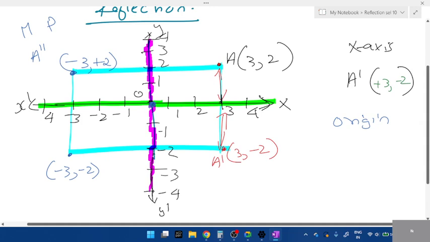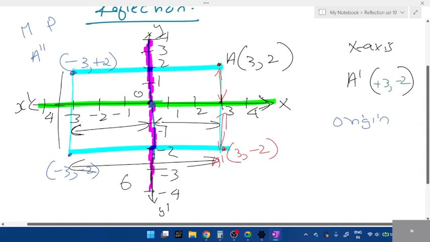See, now look here. From O, what's the distance, students? Ignore negative. Just tell me how many units are there. 3 units. And here, 3 plus 3. This entire thing is 6. How many units are here? Yeah, start from origin always.